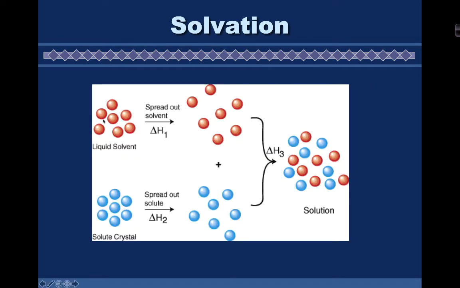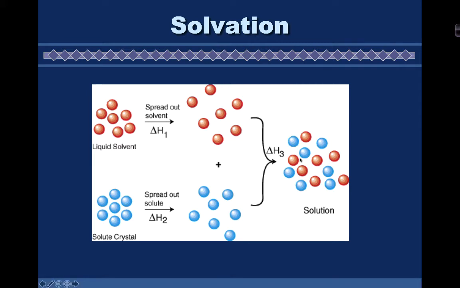Now, when we pull the solvent particles apart, that requires energy. Anytime that you pull things apart that are attracted to each other, it's going to require energy. So that is an endothermic process. If I take the solute and I'm separating the solute, that also is an endothermic process because I'm taking things that are attracted to each other and separating them.